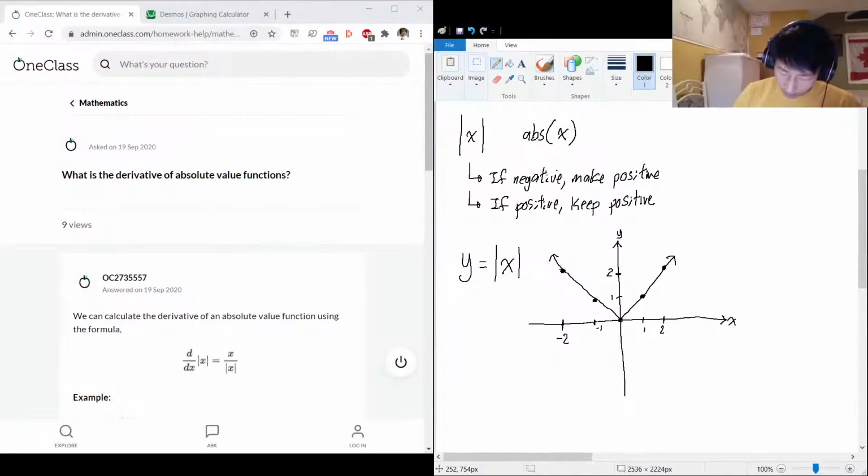Let's say we have, I'll do a different color for this, maybe red, like strawberries. y is equal to |3x|. Well, if x equals 1, y equals 3 times 1, that would be 3. And if x equals -1, y is 3 times -1, but those are inside the absolute value, so that would be +3 as well.